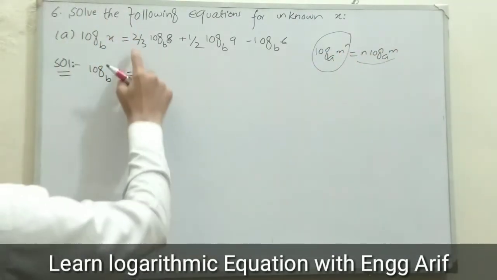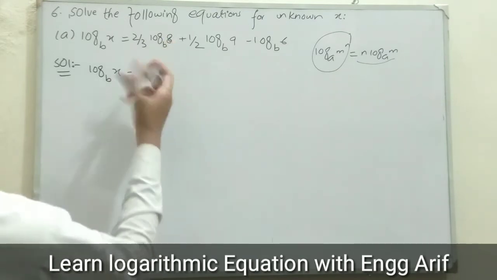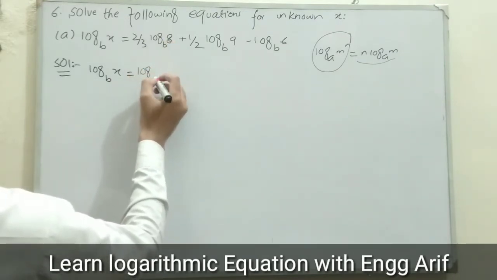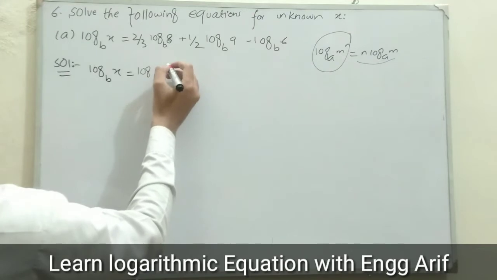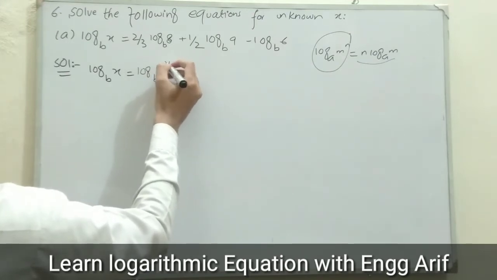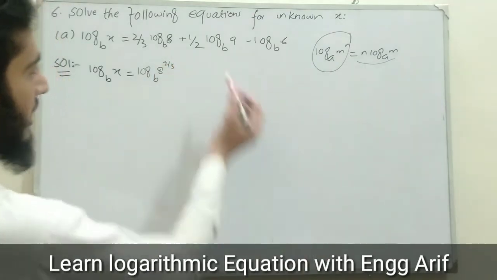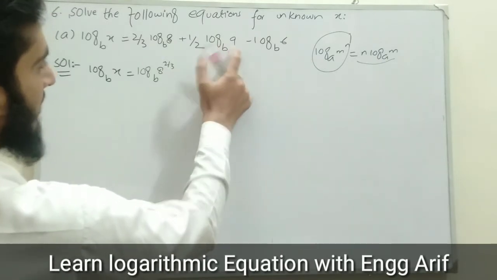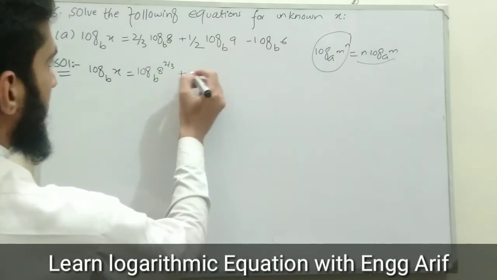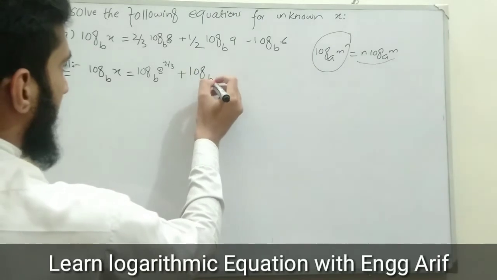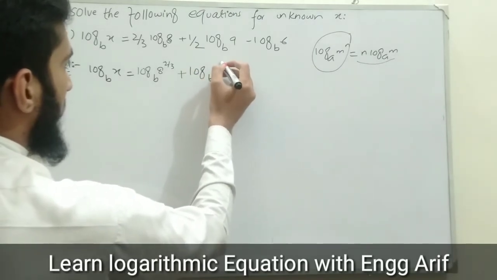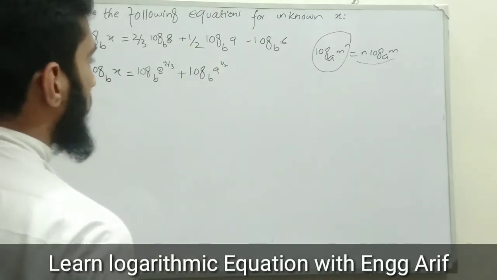Using the same formula, 2 over 3 goes to the power of 8. So it becomes log of b, power 8 and power 2 by 3. After this, using the same formula, this 1 over 2 goes to the power of 9. It becomes plus log of base b, power 9 and the whole power is 1 over 2.